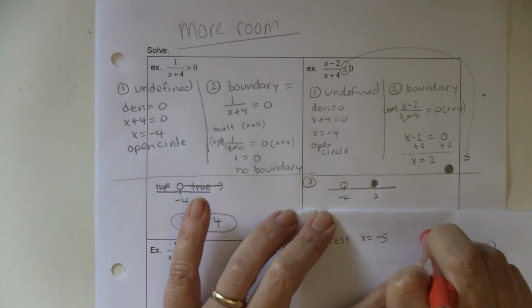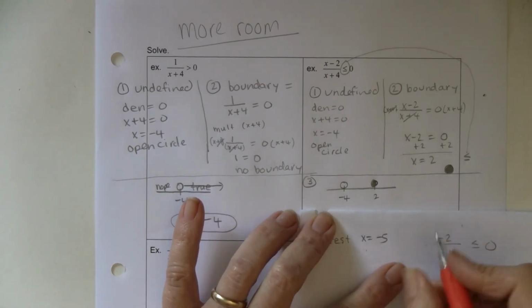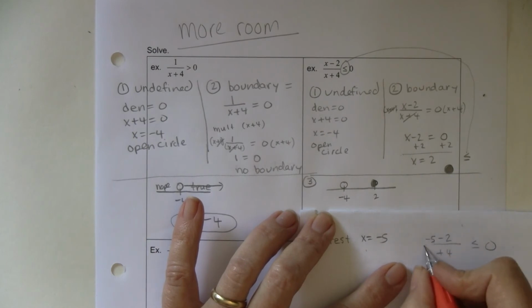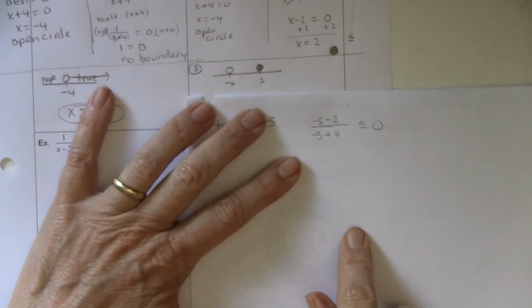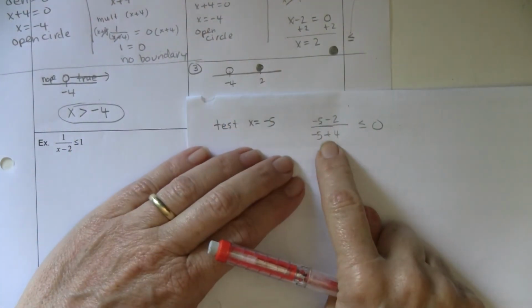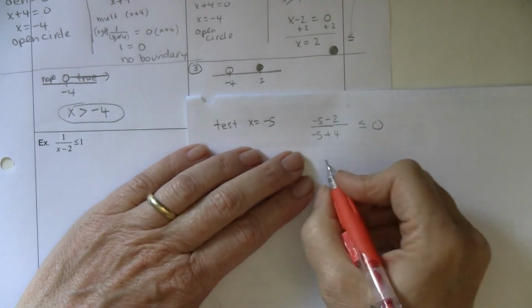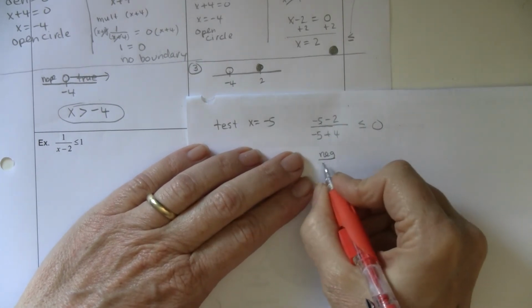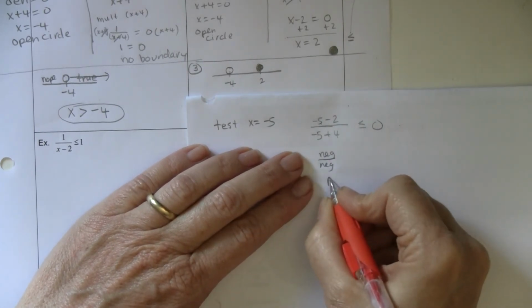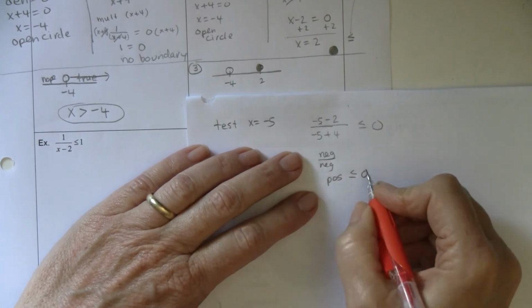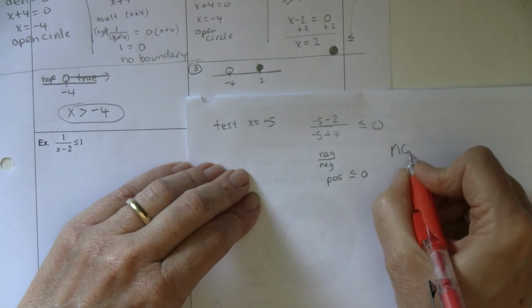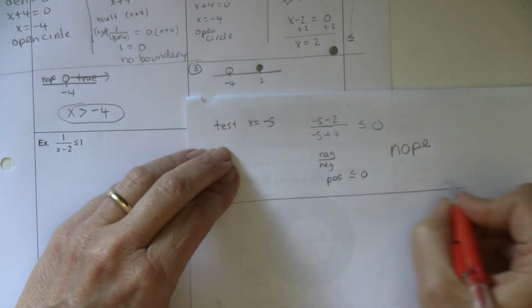So I'm going to be putting in there -5. Actually all I care about is whether it's positive or negative, because it's compared to 0. The numerator there is negative divided by a negative, so I have a negative over a negative, which is a positive. And a positive is not smaller than or equal to 0. And so this region is a nope.